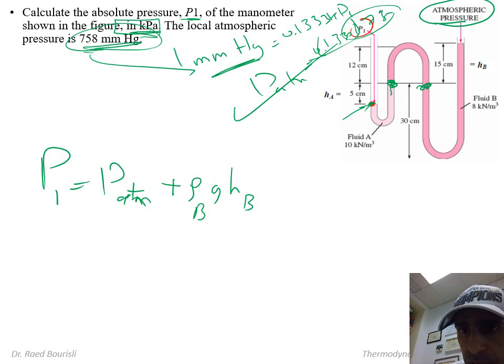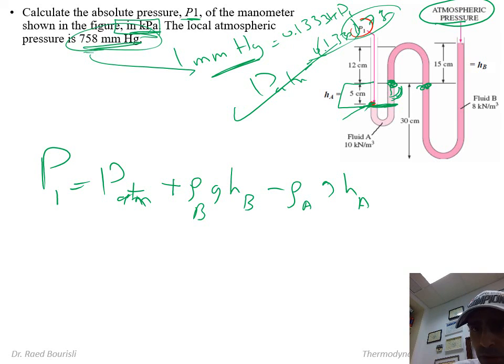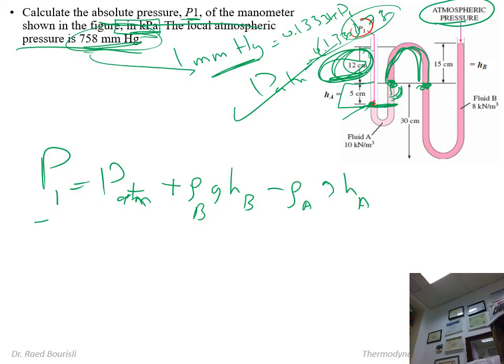Then as I go down, I move fluid on top of me until I reach here, and the thing is 5 centimeters. So this is minus rho A g HA. I wonder why they give this length. And these are connected, they're the same. I hope I'm not missing a thing. I hope I covered the whole thing. So this is the pressure at point 1.